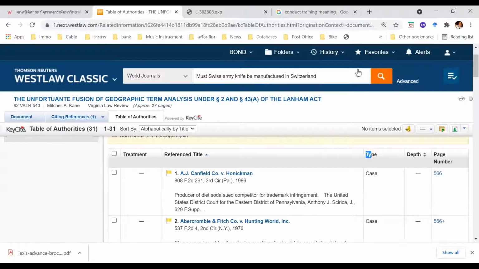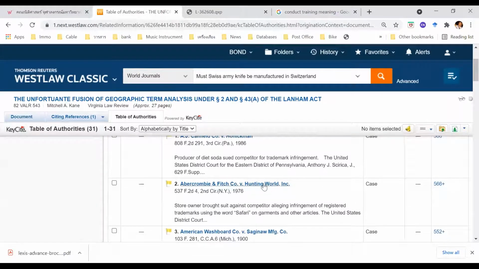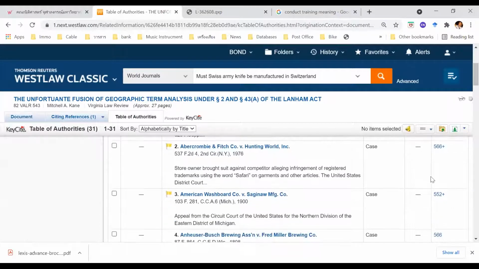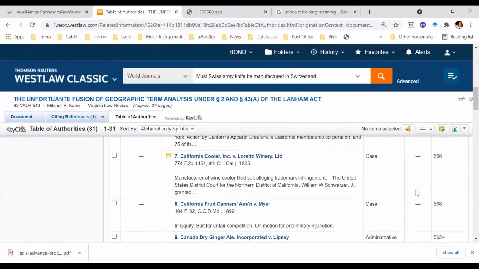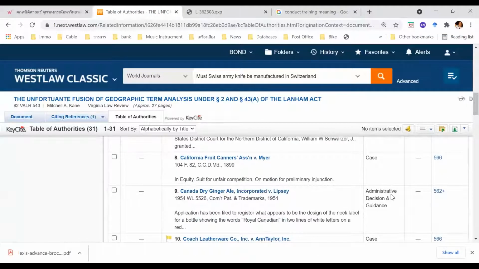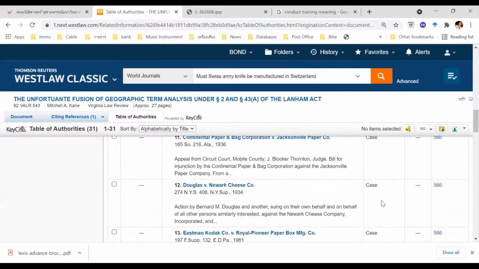So it means it's mentioned on page 566, another one, 566, 566. You can look at that. Cases, and another one, administrative decisions, the regulations, this one.